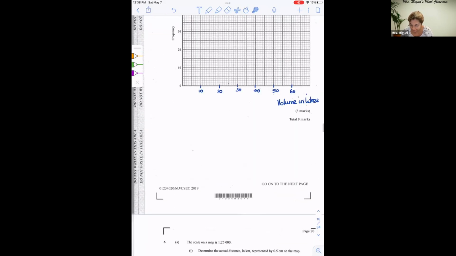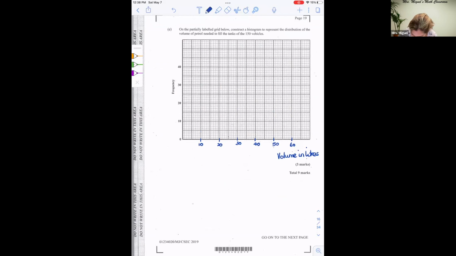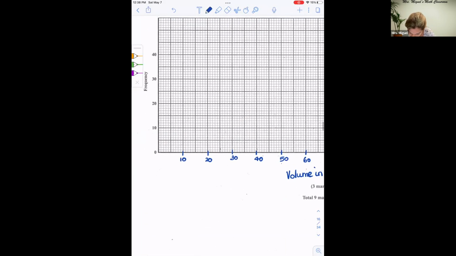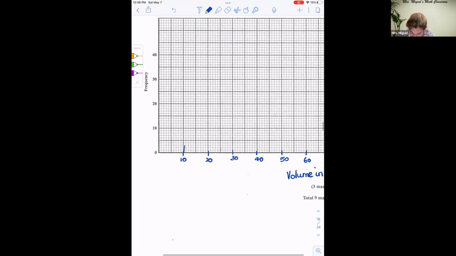So let's plot that. So 10.5 is just 0.5 after 10, and we go in. Remember, you're not falling on 10, it is 10.5. We're going straight up to 24. So it helps by writing the number on top as well.